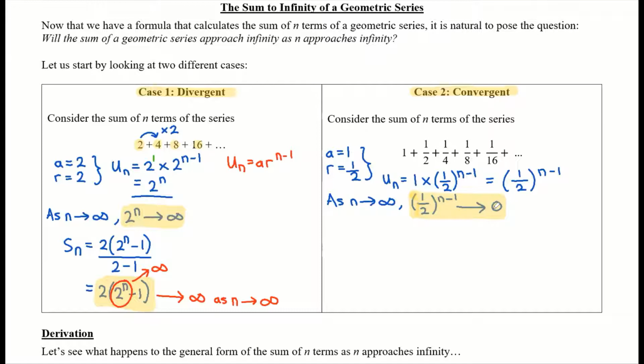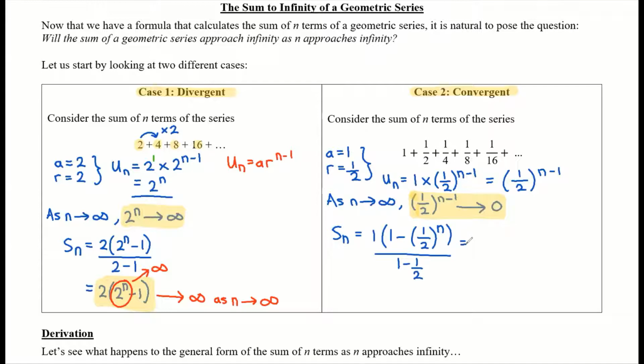Now, let's see what the behavior is like of the sum of the series. So if we look at the sum of the series, Sn, we're going to use the 1 subtract r version this time. So it's going to be a, which is 1, multiplied by 1 subtract 1/2 to the power n, close the bracket, over 1 minus r. So that's going to be 1 subtract 1/2.